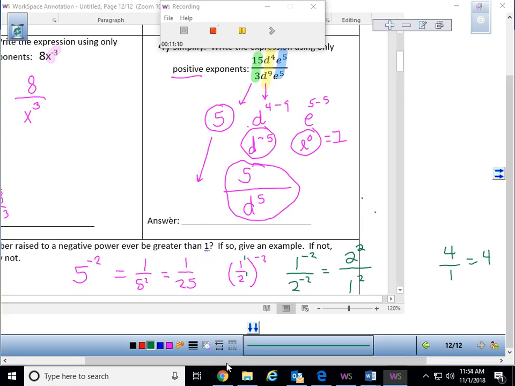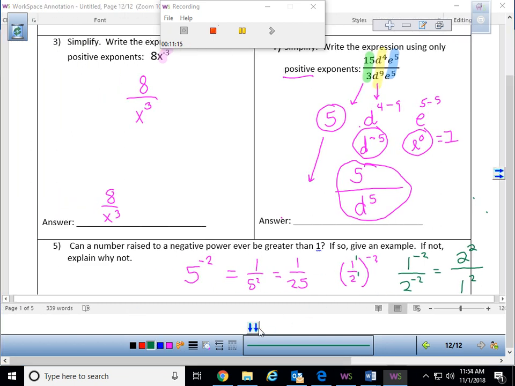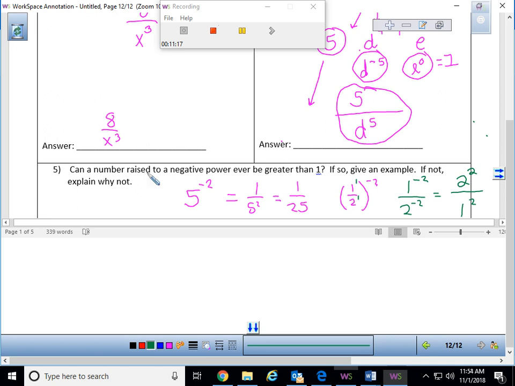So here's how I would summarize this answer, ladies and gentlemen. Can a number raised to a negative power ever be greater than 1? I would say yes, if the base is less than 1.